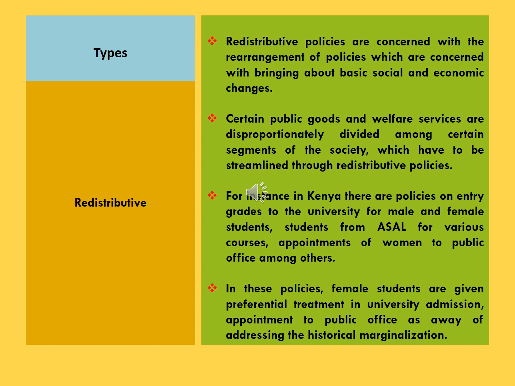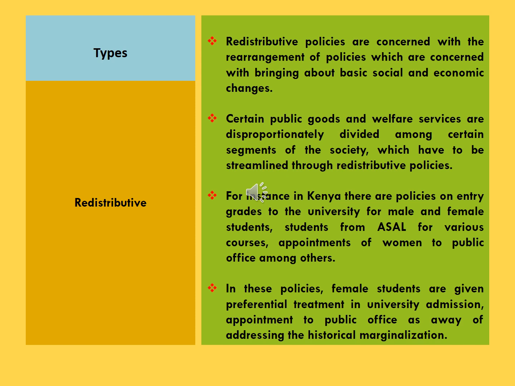Certain public goods and welfare services are disproportionately divided among certain segments of society, which have to be streamlined through redistributive policies. For instance, in Kenya, there are policies on entry grades to the university for male and female students, students from ASAL regions for various courses, appointment of women to public office, among others.